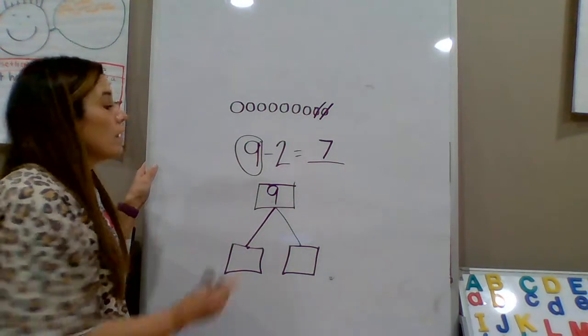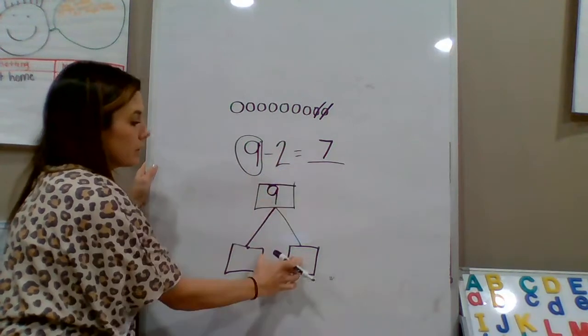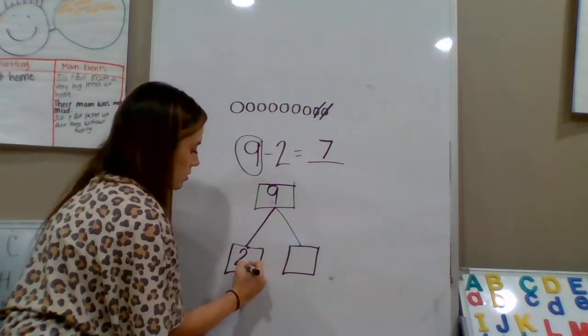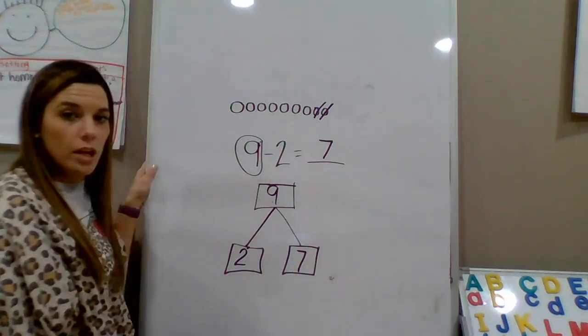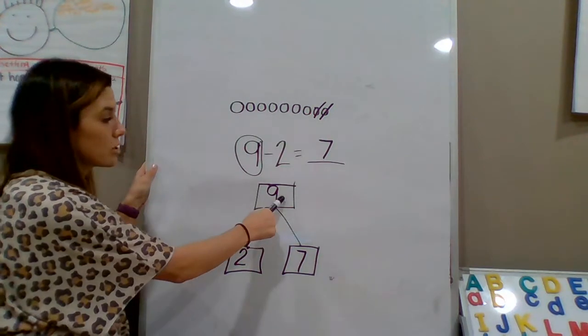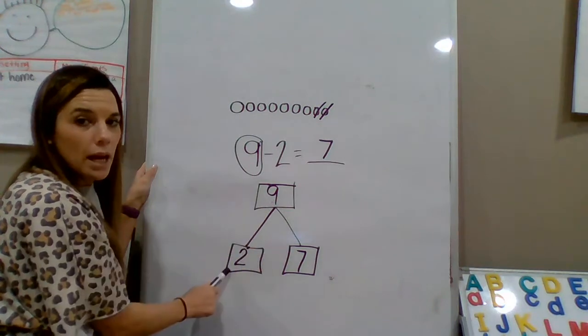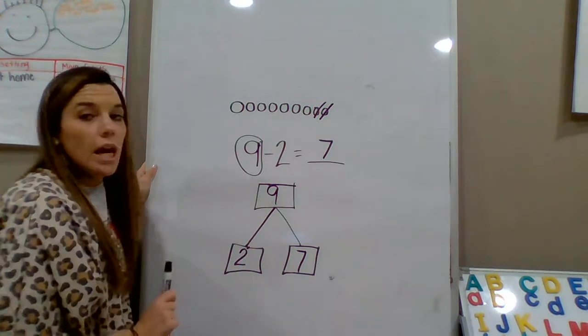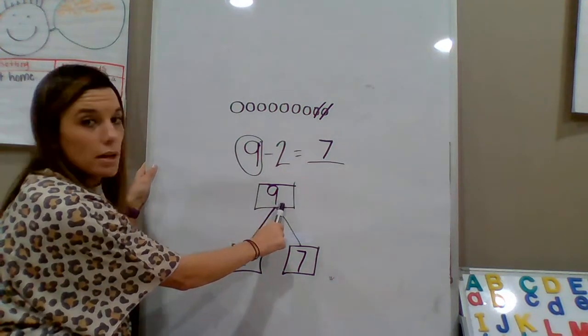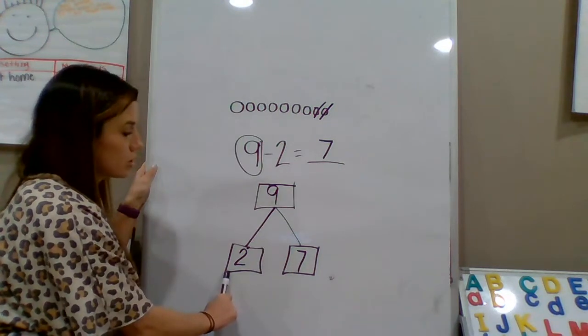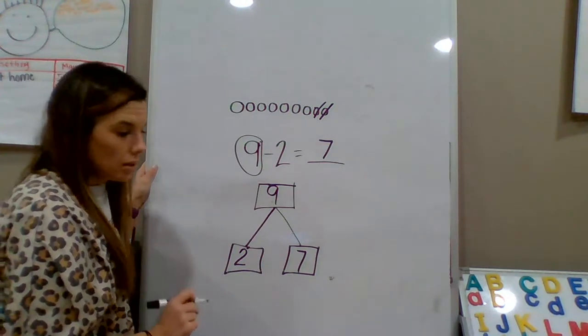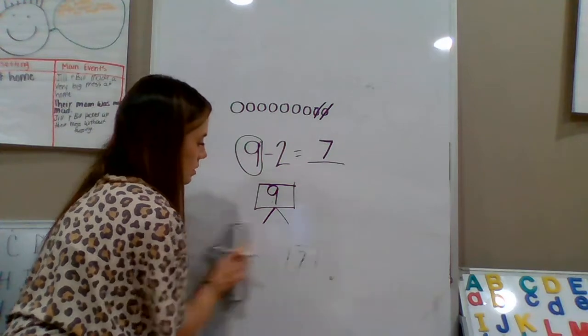Then my 2 smaller numbers are going to come down here: 2 and 7. Remember, when we subtract, we start at the top and we get smaller. So I could say 9 minus 2 equals 7. I could also say 9 minus 7 equals 2. Okay? Let's try another one.